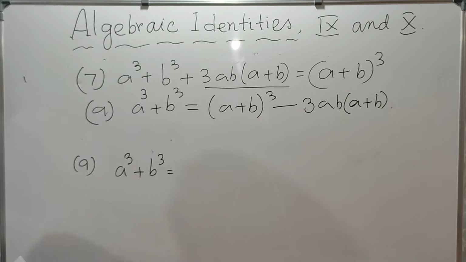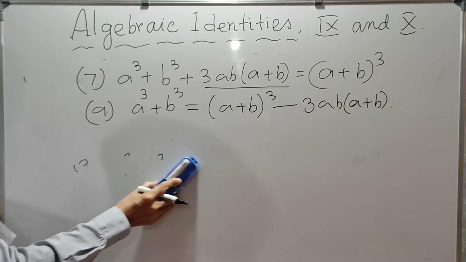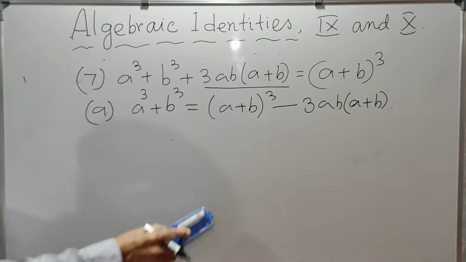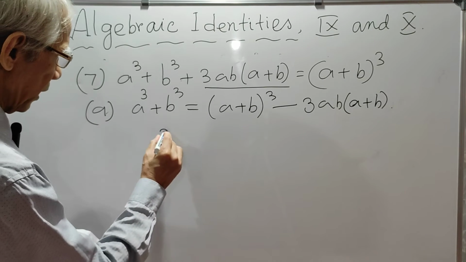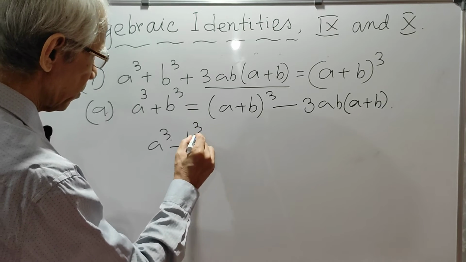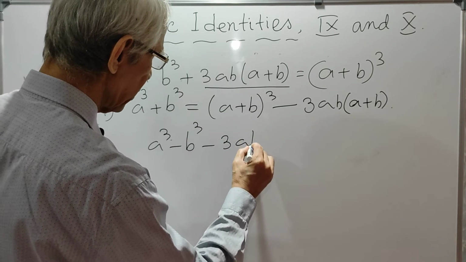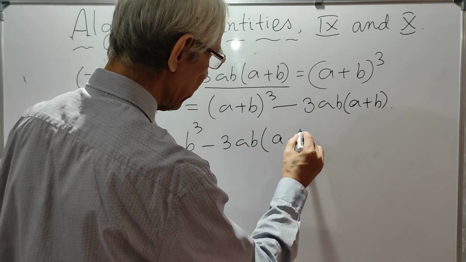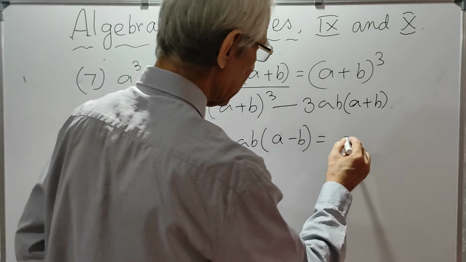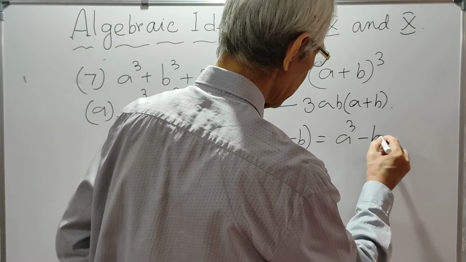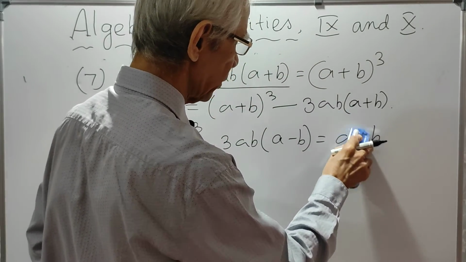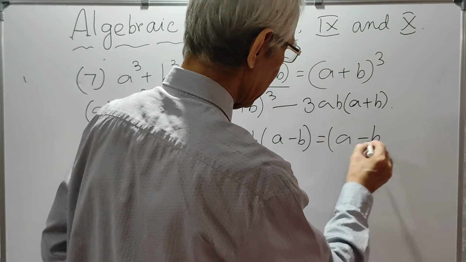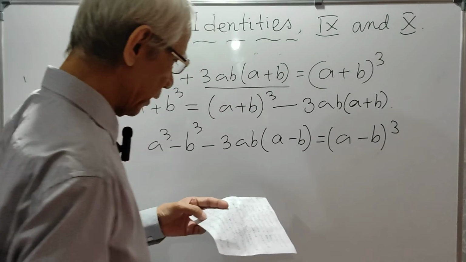Okay. The next identity will be derived from the 8th identity. Now what was the 8th identity? If you recall, a^3 - b^3 - 3ab(a-b) was equal to (a-b)^3.